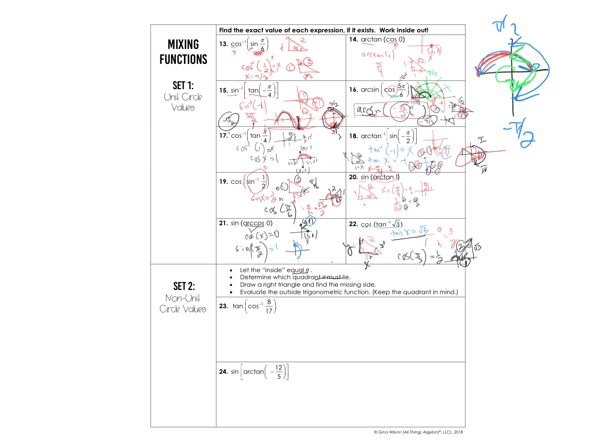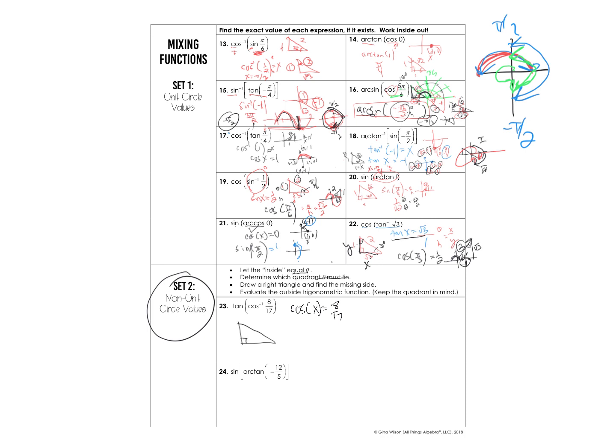Oh, he even says non-unit circle values. So when I ask you cosine of what is 8 over 17, you're going to say, I don't know. This is purely a calculator problem, unless you can make a triangle and do Pythagorean Theorem.